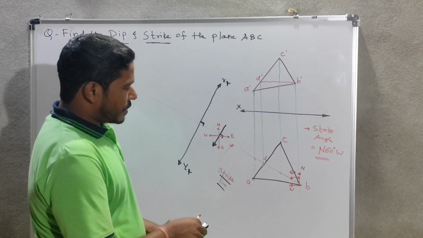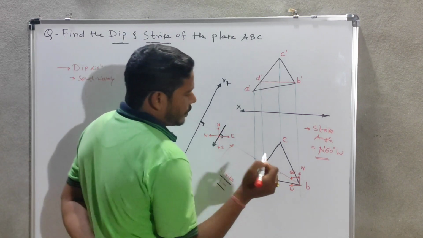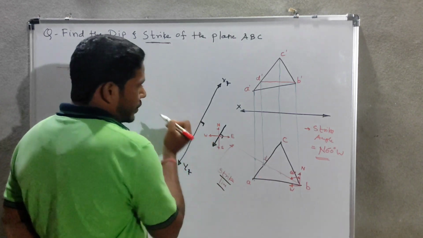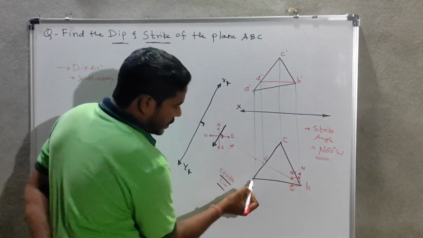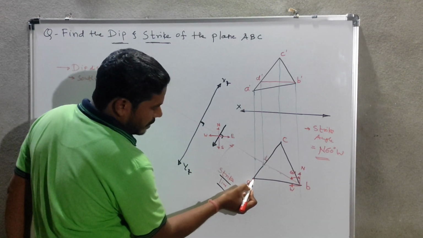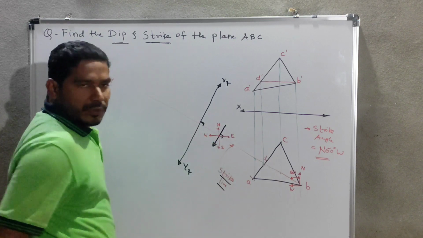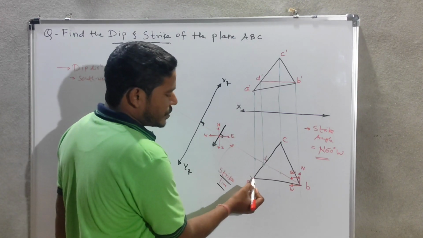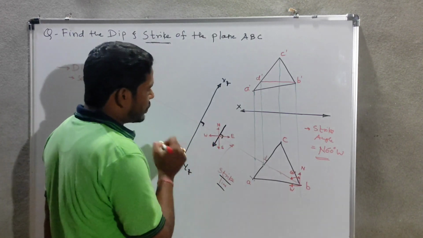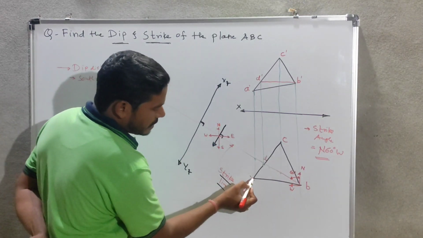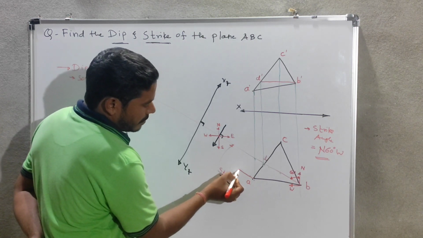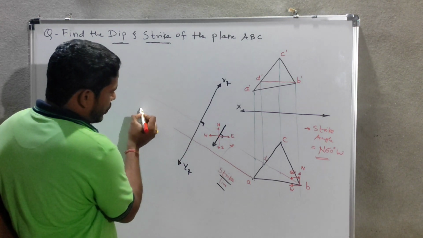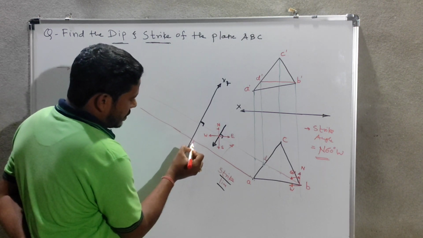We need to project all these points from the top view. Points B and D we have already projected. Now again we have to project this point A. While projecting, a projector means the line which is perpendicular to the reference axis, so whatever these projectors are, they must be perpendicular to this reference axis.